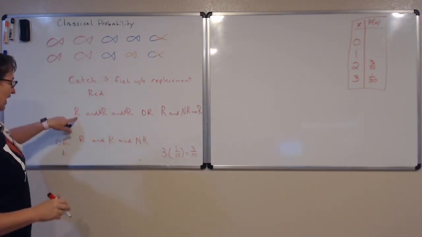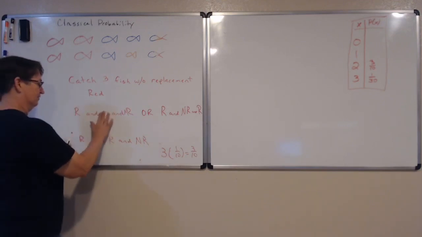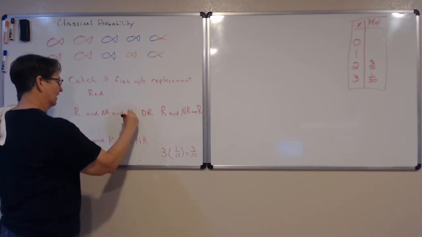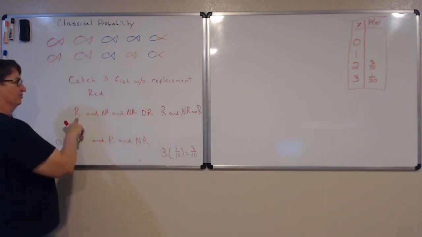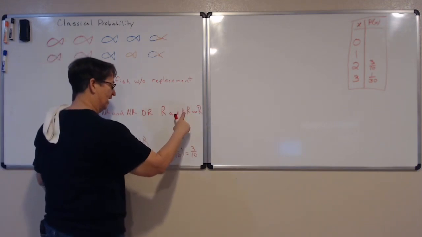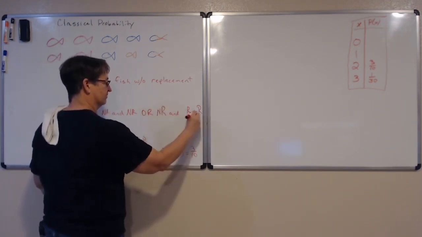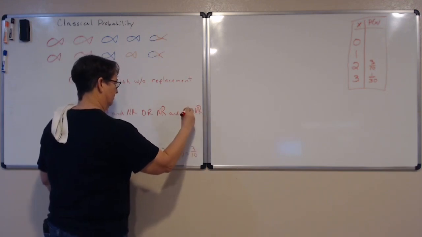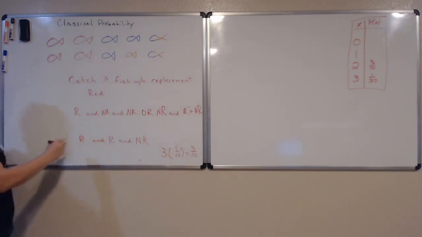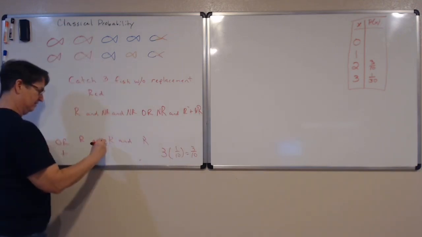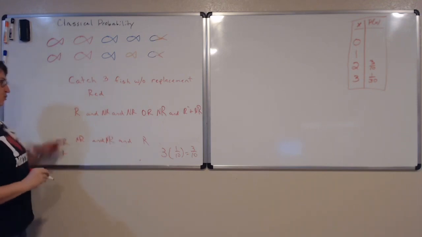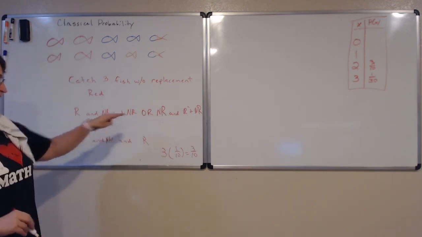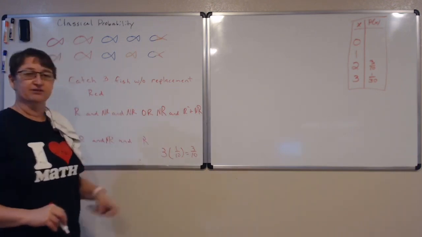Because I could get a red and a not red and a not red, or I could just move that red around. So now let's make this not red a red and make the other 2 not reds. And here, my red, not red, not red. So I've got one red here, one red there, and one red there, at the front, in the middle, and at the end.